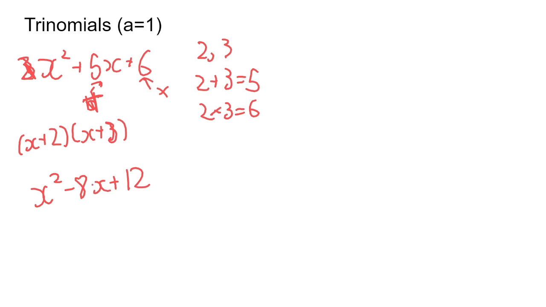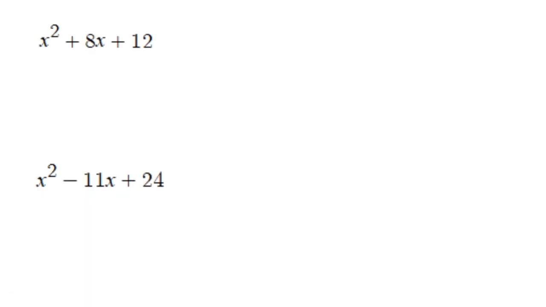In this case, the two numbers will be minus 2 and minus 6, because minus 2 times minus 6 will give you 12, but minus 2 plus minus 6 is just minus 2 minus 6, which gives you minus 8. And then those are the answers. So how you would factor is x minus 2 and x minus 6. Okay, so now here I have some questions for you.